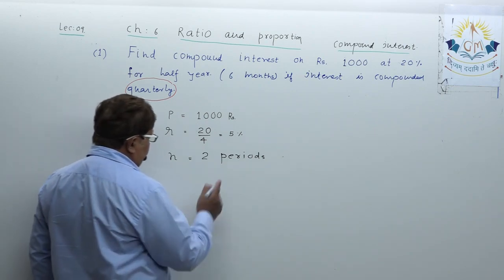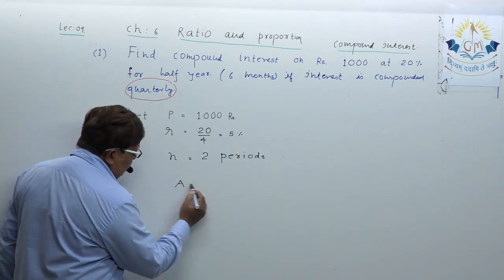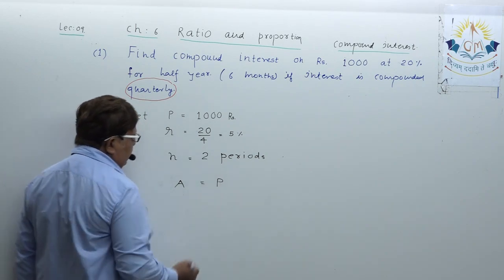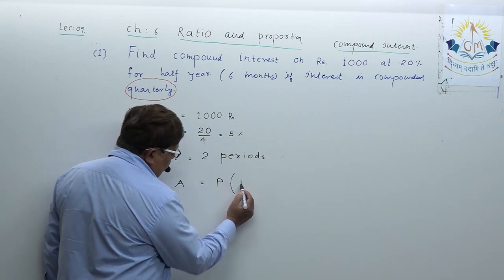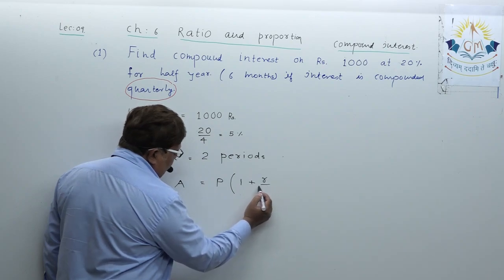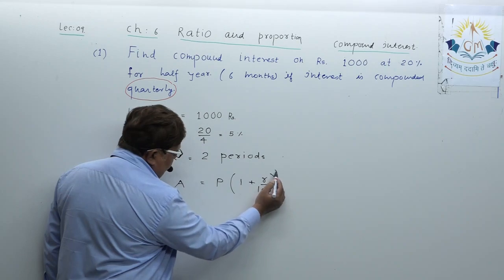Now let us write the formula. What is the formula for compounded amount? P into bracket 1 plus R upon 100 raised to n. Okay.